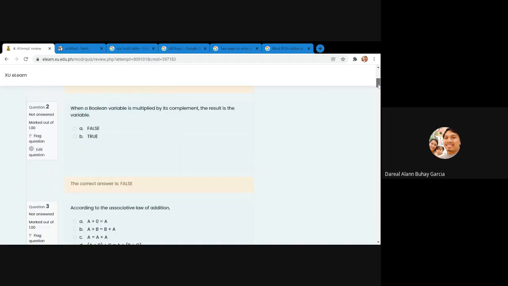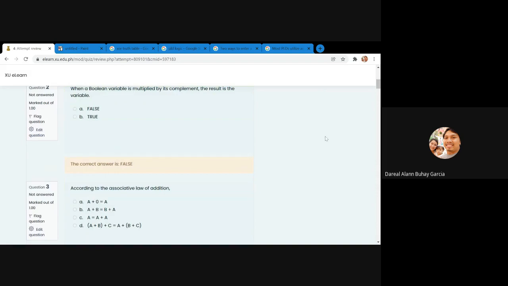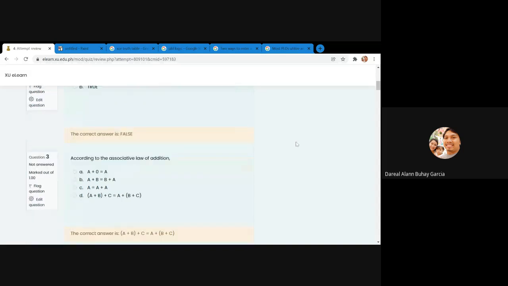According to the associative law of addition, A plus B equals B plus A. Tama ang answer ni Google.